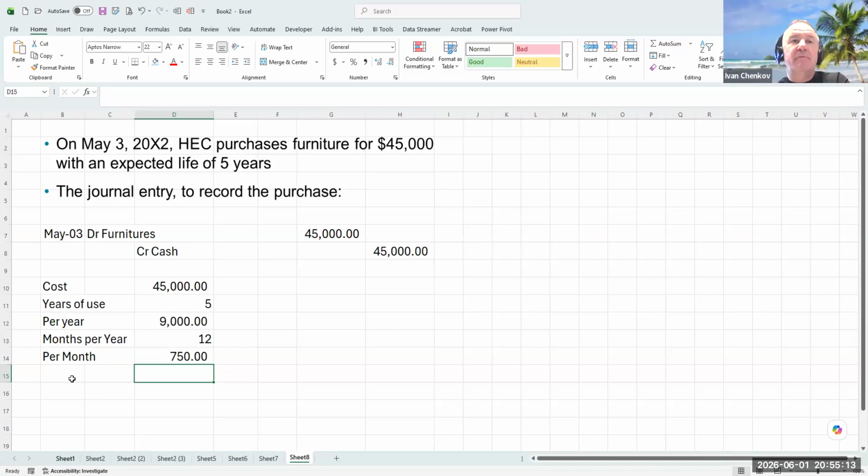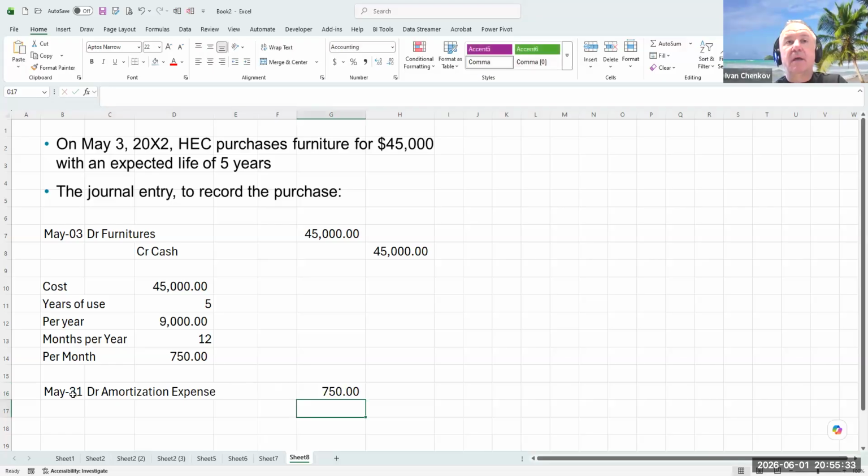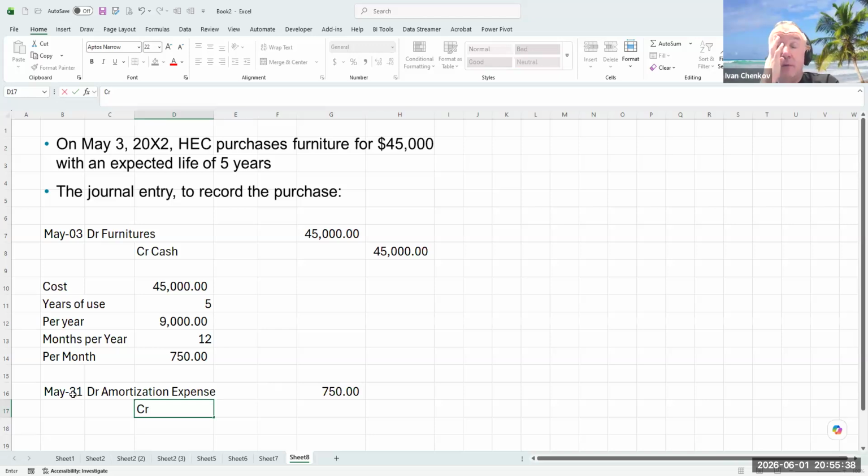Now, May 31st comes. That's our first month. What do I have to do? I have to show the amortization expense, debit. Amortization expense for $750 and credit. Now for the credit, what I want now to keep track of this amortization. I want to keep track of the amortization because later on I'm going to do some tricks I'm going to show you in a second.